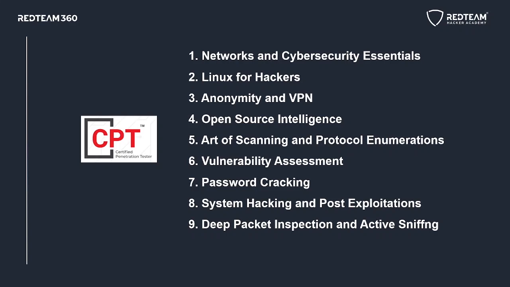In module 8, we are trying to do exploitation. In vulnerability assessment, we understand what vulnerabilities are associated with our target. Once we understand them, the next thing is how to exploit those vulnerabilities and gain access to that system.